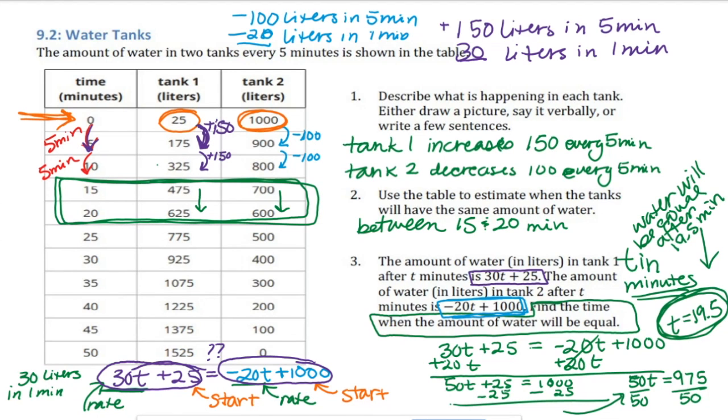Did I say seconds? I meant minutes. So water will be equal, or it'll be the same depth, same amount of liters, after 19.5 minutes. And again, hopefully you have enough room on your paper.